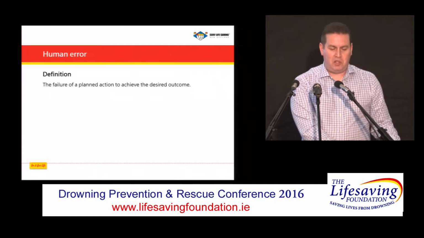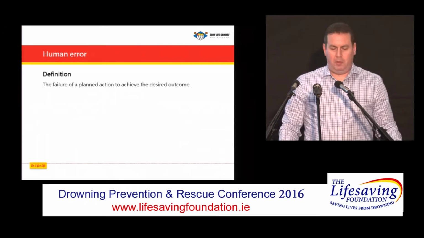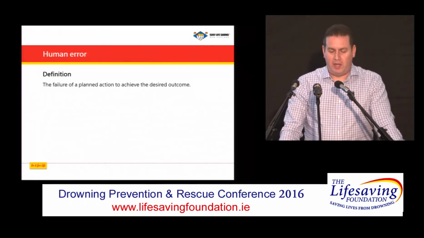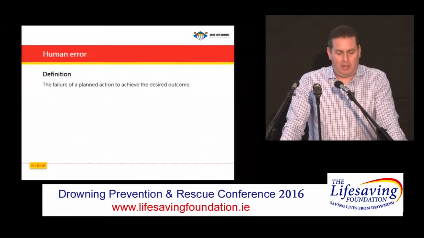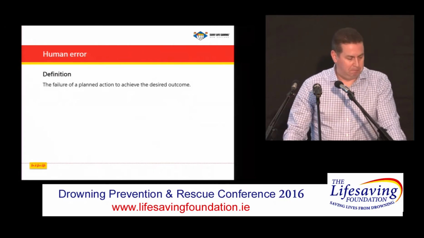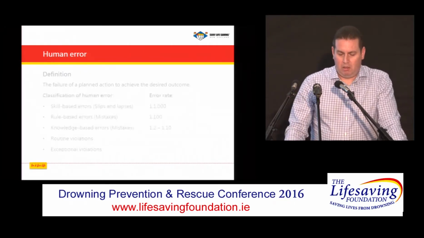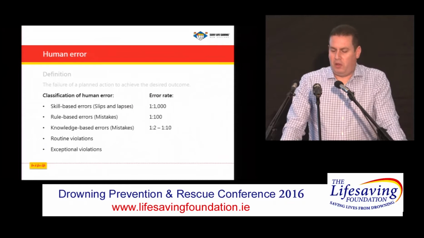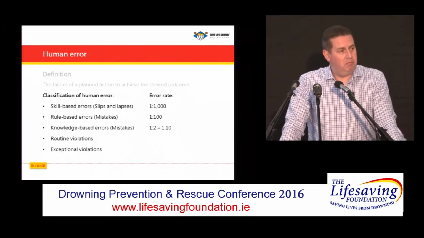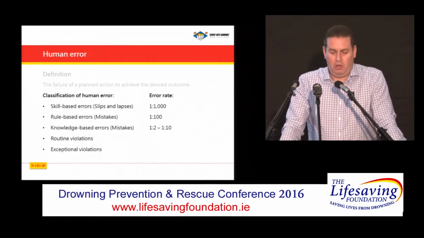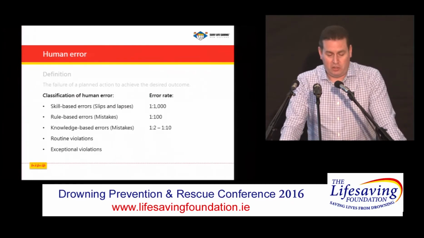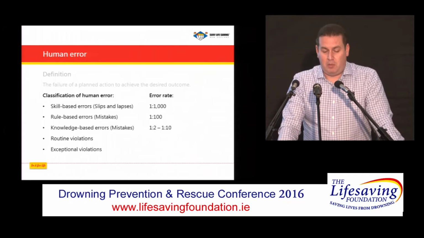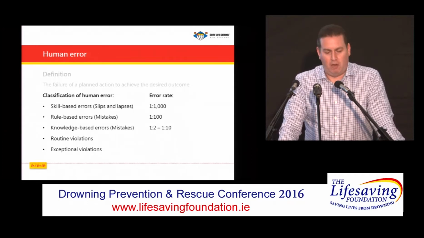So what do we mean by this term human error? Well, this is probably the most simple definition that we'll give you today. It's the failure of a planned action to achieve the desired outcome. And we define errors further as skill-based, rule-based, or knowledge-based. And we'll talk a little bit more about violations and also sabotage, which strictly speaking isn't an error.